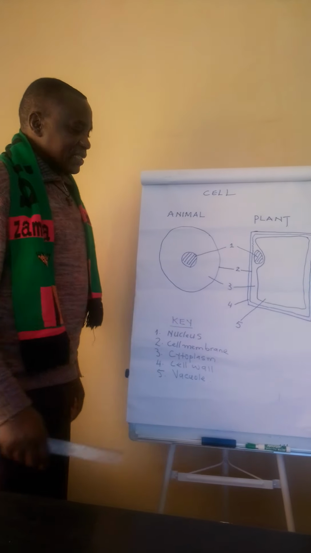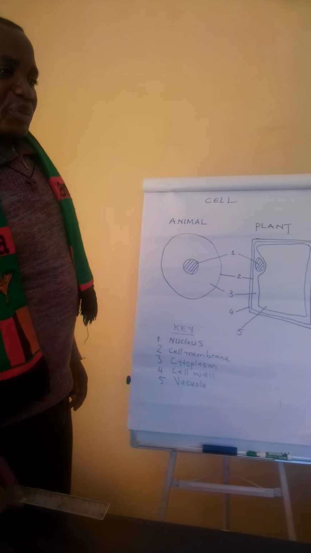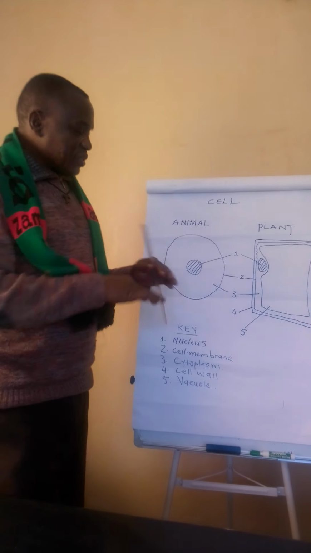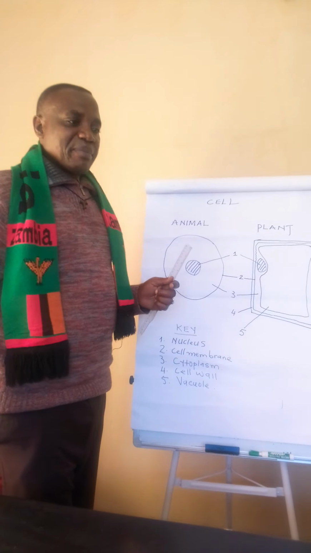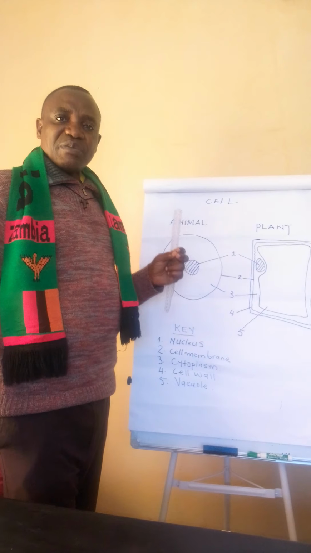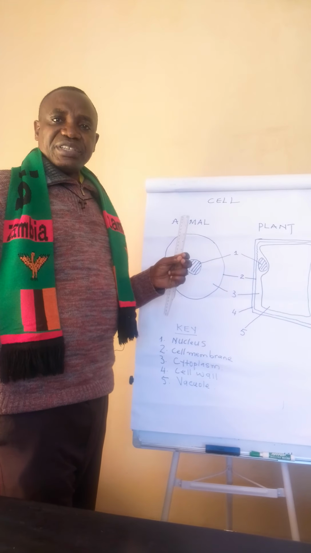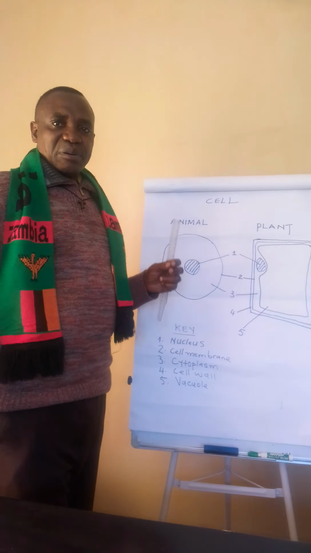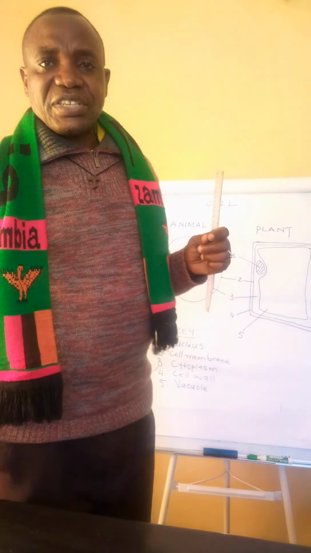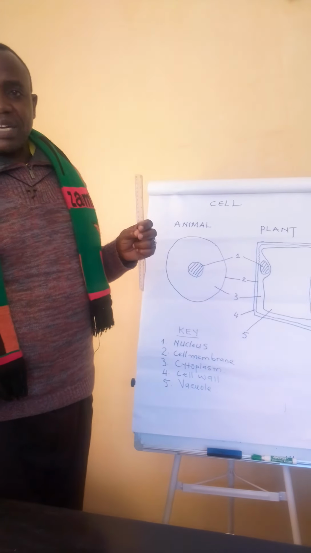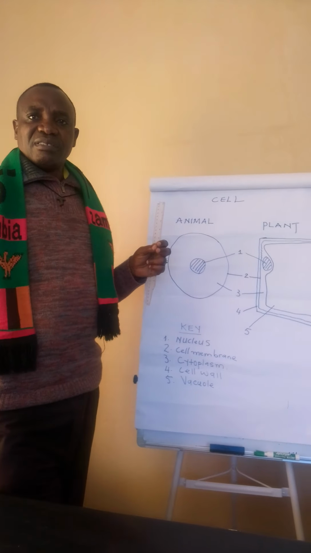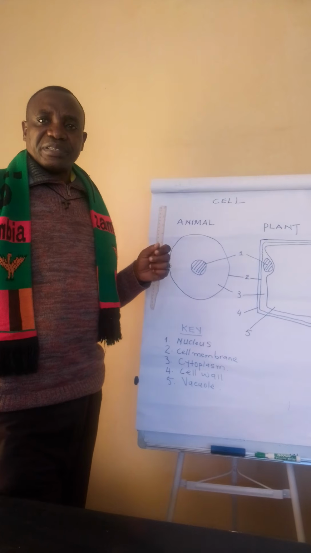Okay, now next we go to another topic. It's concerning cells again. And remember, one of the characteristics of living organisms is to grow, that living things grow. Now, we said that the cell is a basic unit of life, and that the cell is a building block of complex organisms.